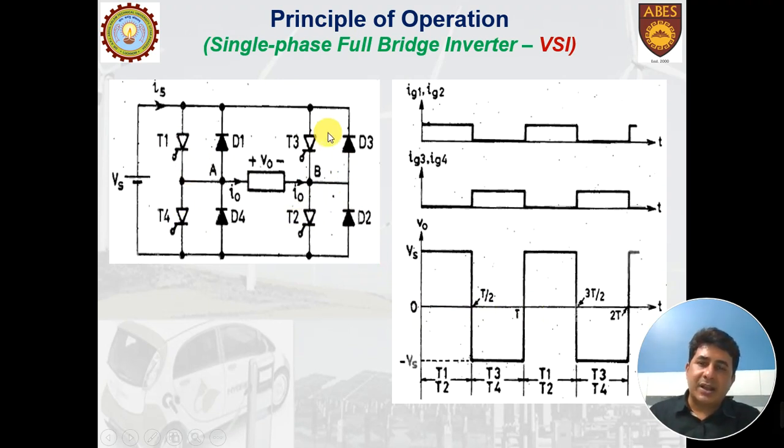These devices are fired for a particular frequency. By just changing the firing speed, the frequency may be changed at the output side. This alteration, how fast you take this alteration, will decide the frequency at the output side.